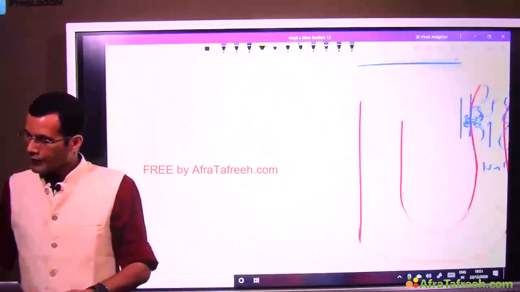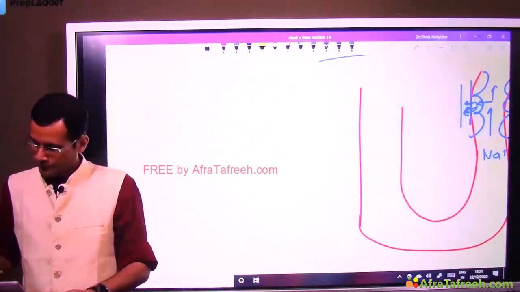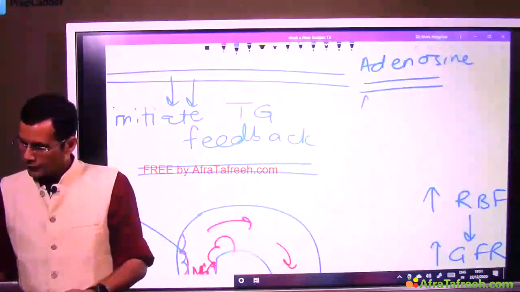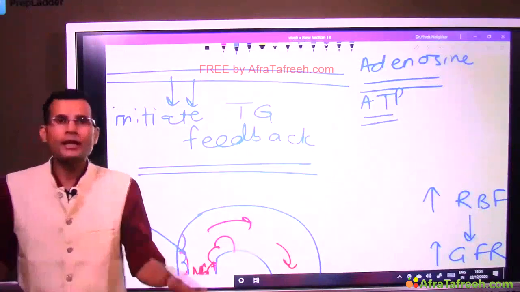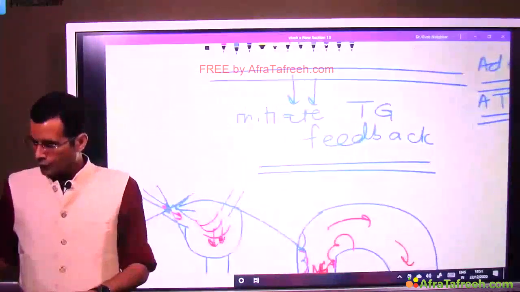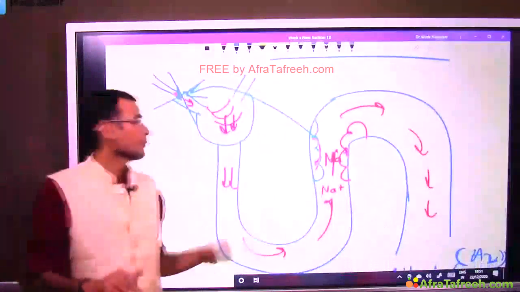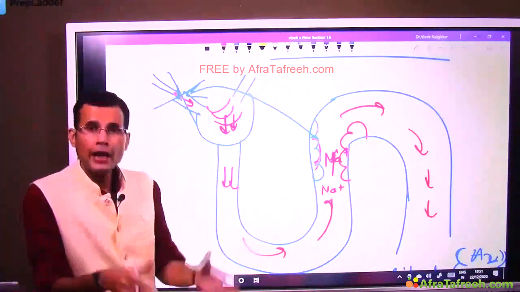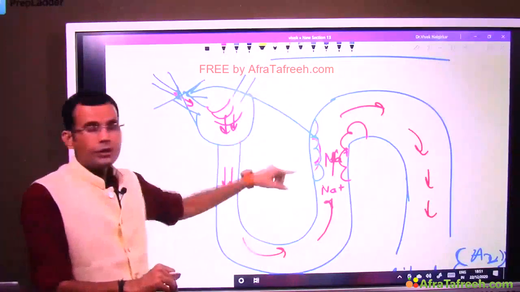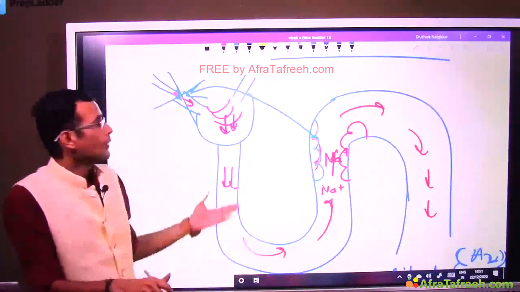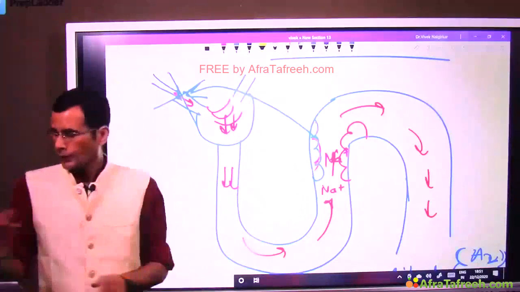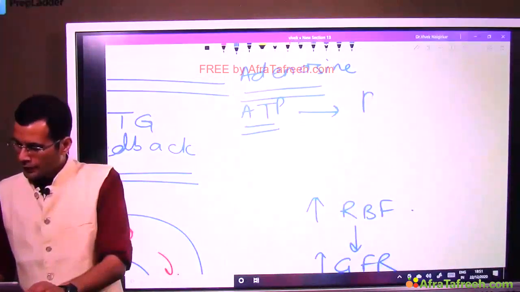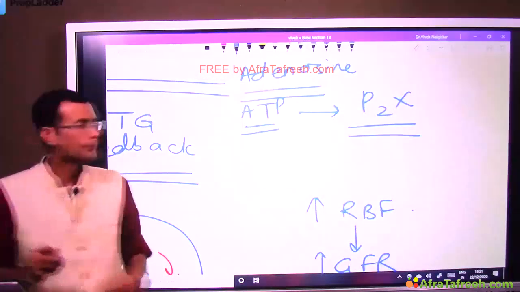The other one is ATP. The other signal is generated by the ATP itself. We know that ATP is a neurotransmitter. It acts like a neurotransmitter or a ligand. So here it's acting as a ligand, and ATP acts via its receptors called P2X.